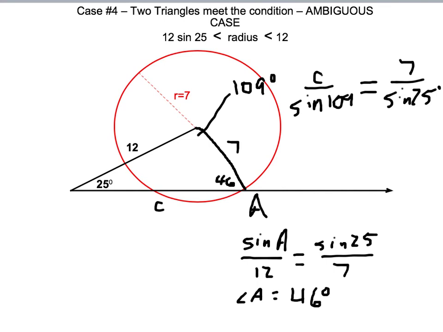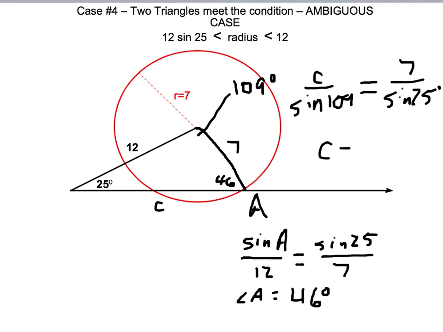I always try and avoid in my problem solving using sides that I found previously. And so that's why I went with sine of 25 and 7. I guess at this point I also could have used 46 degrees or the sine of 46 degrees and 12.